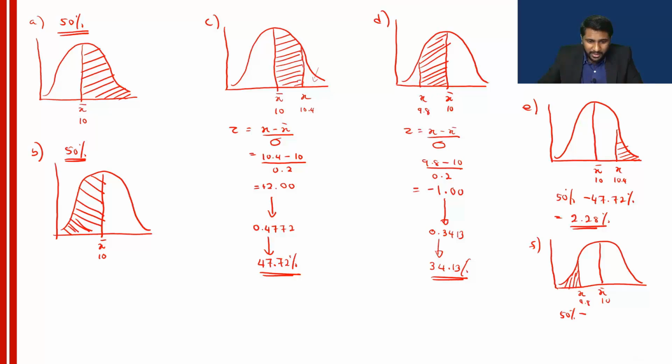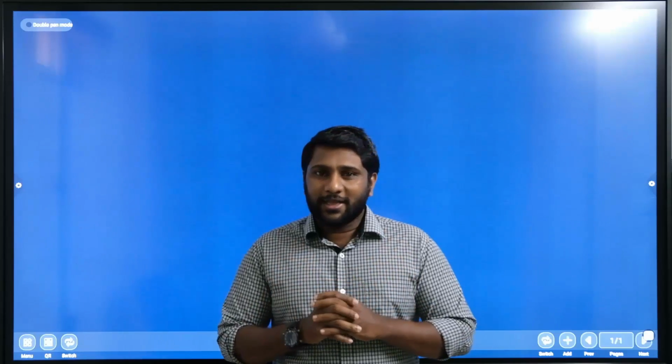Out of that, between 9.8 and 10 it is 34.13%. So 50 minus 34.13, I am getting a value of 15.87%. I hope you got a clear understanding.